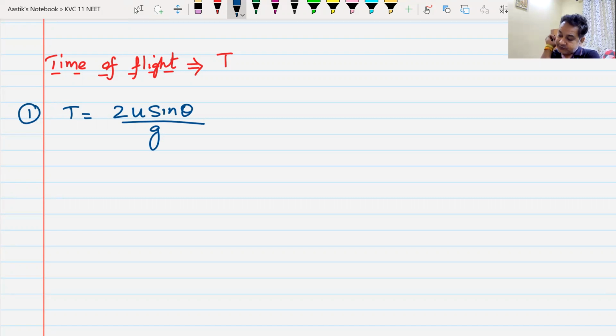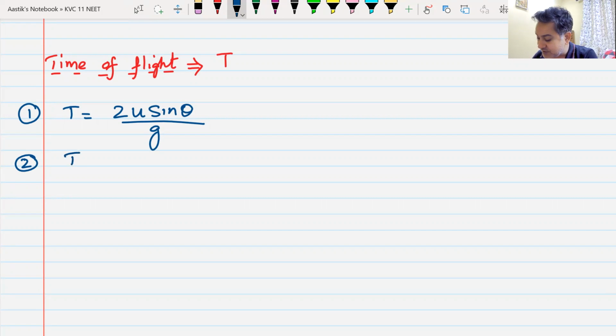That is the first way in which you can remember this. 2 times u sine theta divided by g. Okay, remember this chapter is more about how you can remember different things in how many different ways.